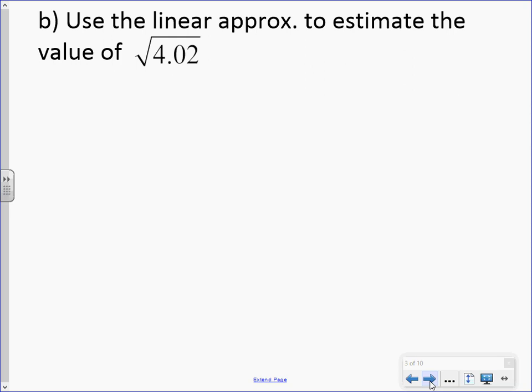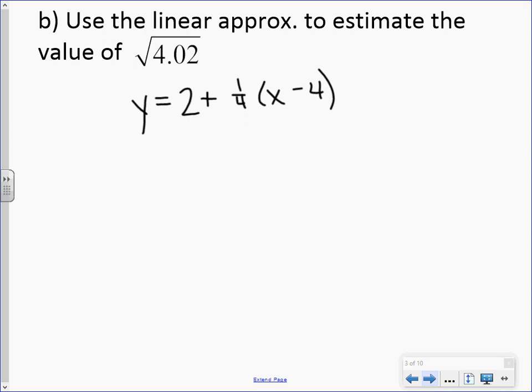Well, we know that the tangent line to radical x is this at x equals 4. Okay? So that's the tangent line at x equals 4 for square root of x. Well, we have square root of 4.02. Okay?